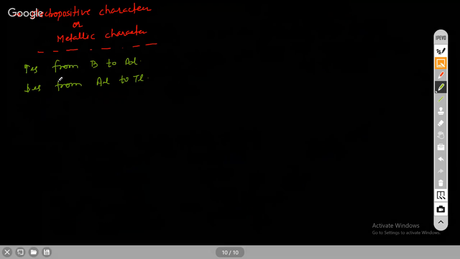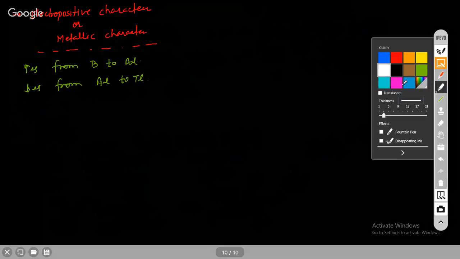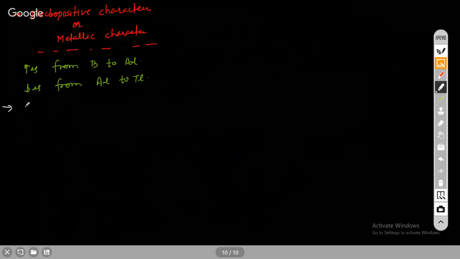So size increases, ionization energy decreases, electropositive character increases. With this, we can conclude that aluminium is a good metal, or better metal you can say.